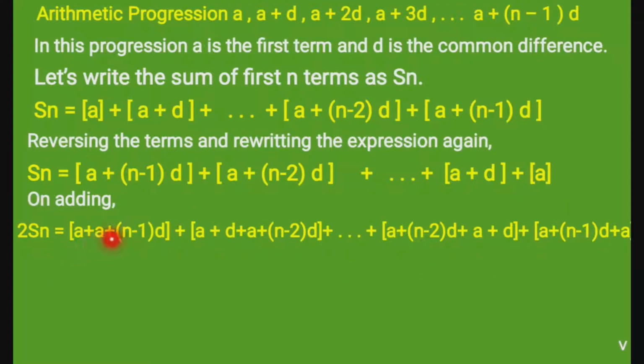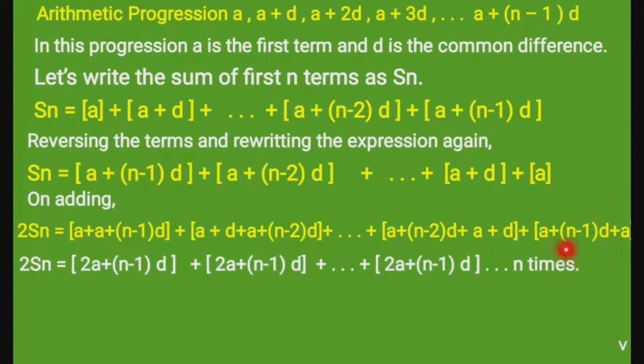So if you observe all the terms, we write the first term as a plus a, twice a, plus (n minus 1) into d. This term also we write as a plus a, twice a, and when we add d with (n minus 2) into d, we get again (n minus 1) into d. Similarly, for each term we get the value twice a plus (n minus 1) into d.